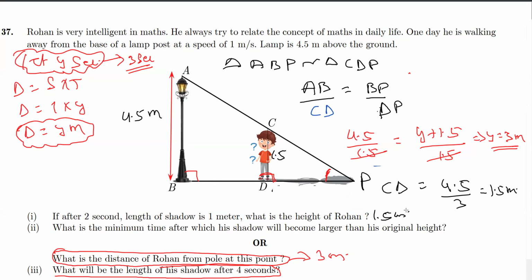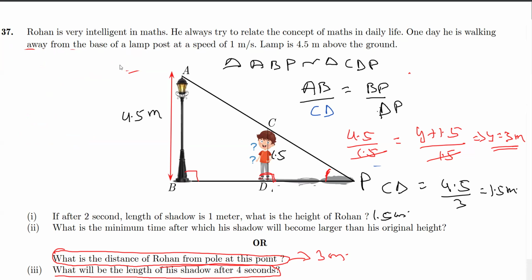Okay. Now the question is, what will be the length of the shadow after 4 seconds? So after 4 seconds, we can find out the distance. Once again, using the same information, that is distance is equal to speed into time, we are looking for distance, the speed is 1 and the time is 4 seconds.